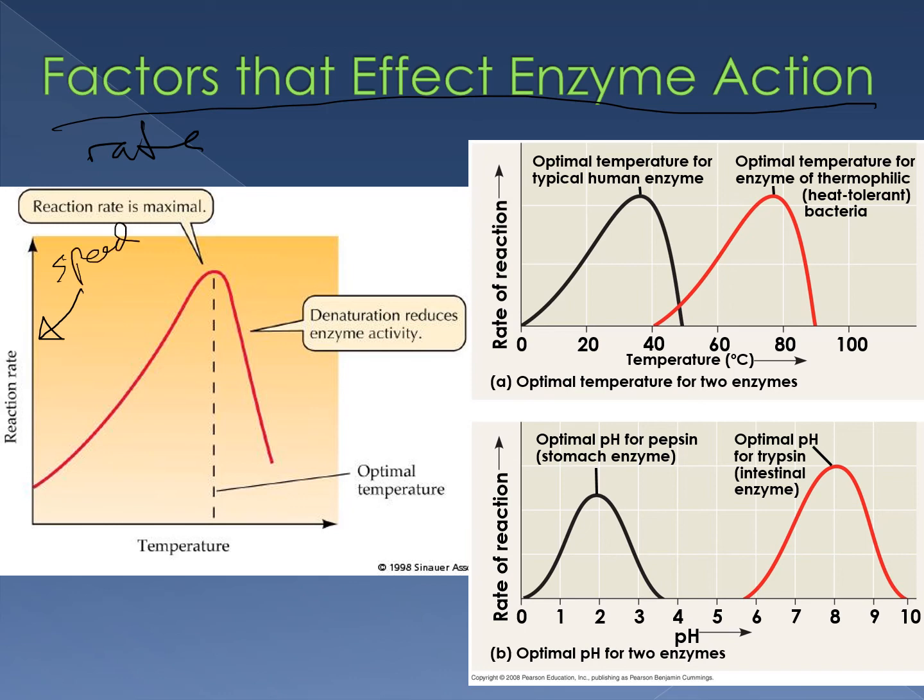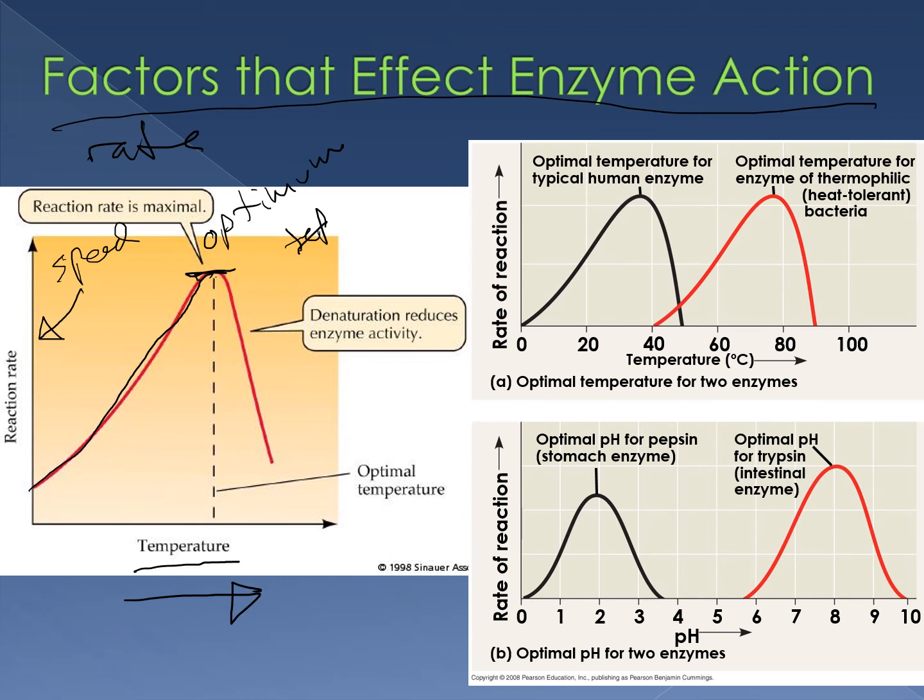What this graph is showing is that as temperature on the x-axis increases, the rate of the reaction also increases until it gets to its optimum or maximum rate of reaction. We can also call this the optimum temperature.